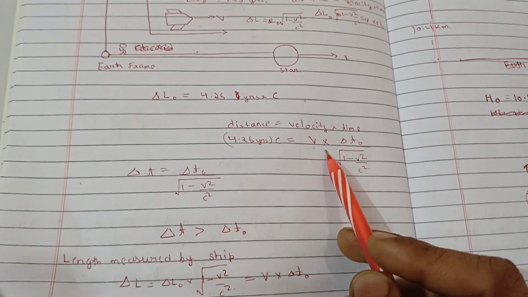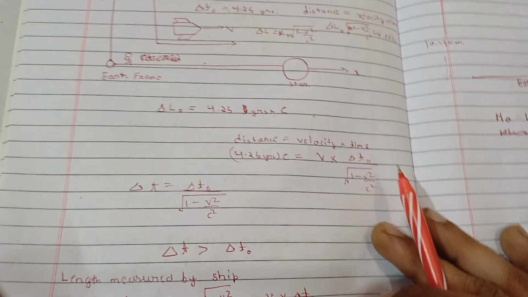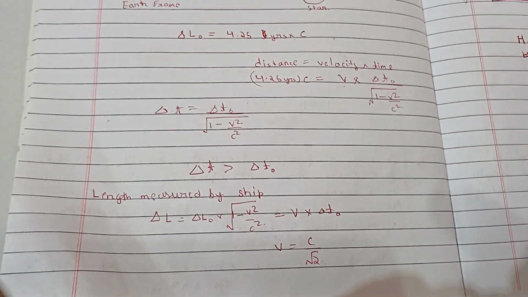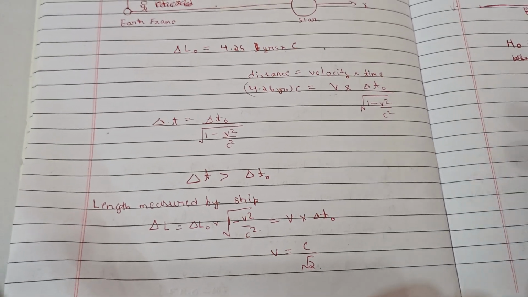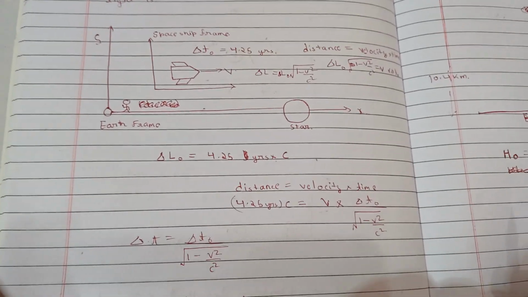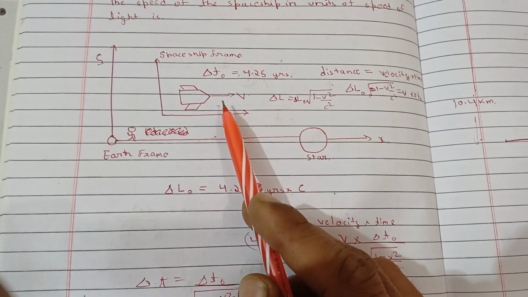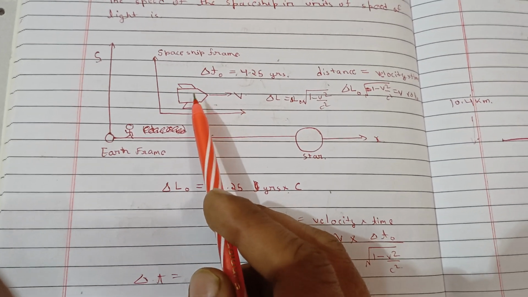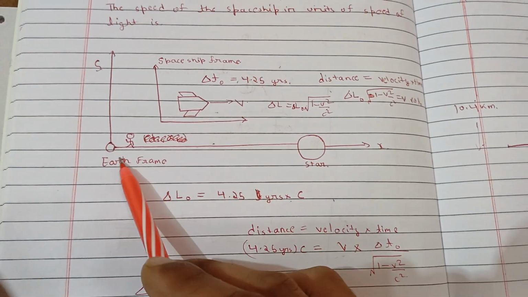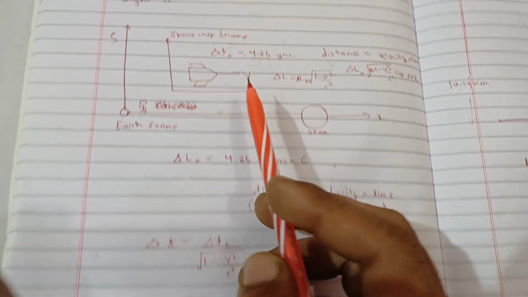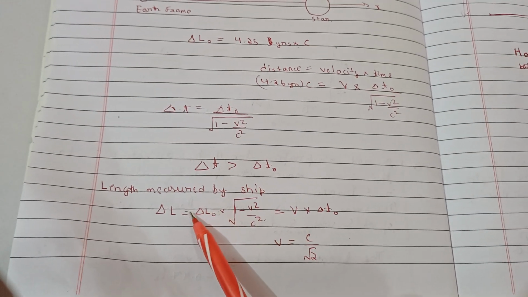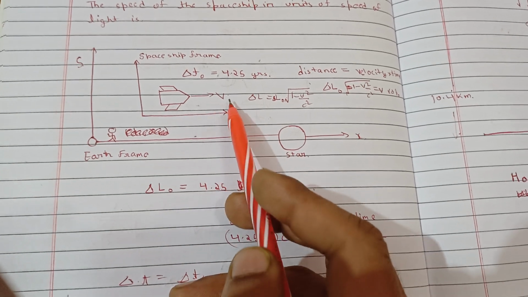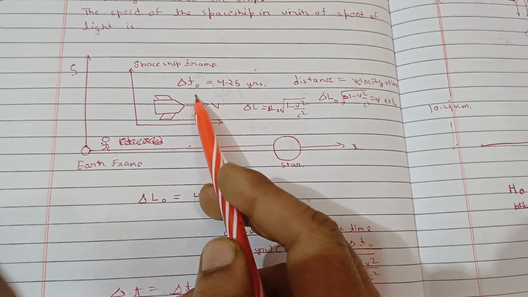Okay, and this can go a different way also. We can solve it in two ways. We can solve it this way also: this moving spaceship is going to measure a contracted length. So let's see what he or she or whoever is here will see as the length. According to this, L equals L naught root 1 minus v square by c square, the contracted length, and that length will be equal to this v and this delta t naught.